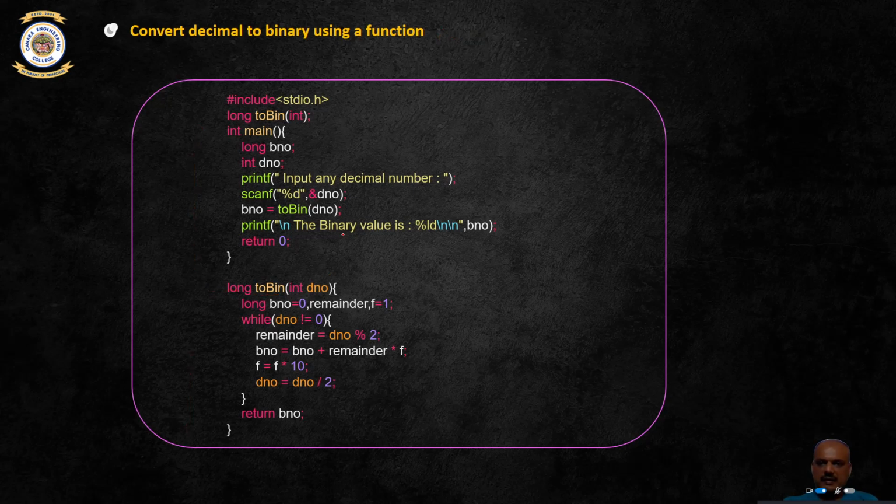In the function declaration part, sorry, not definition, declaration part, I declare this function. The function definition part has the definition of the function. So here I have the declaration of a function called toBin, which takes in an integer and returns a long integer.